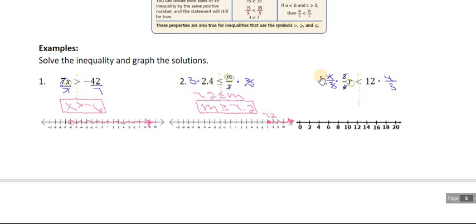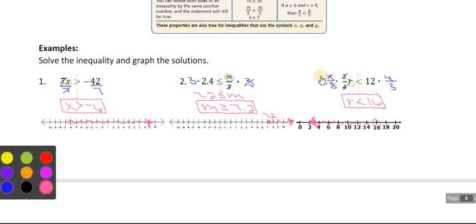But I prefer to do it using a more sound mathematical, mental type of process. So we then get r is less than 16. So our target number is 16. It gets an open circle, and less than is shading to the left.